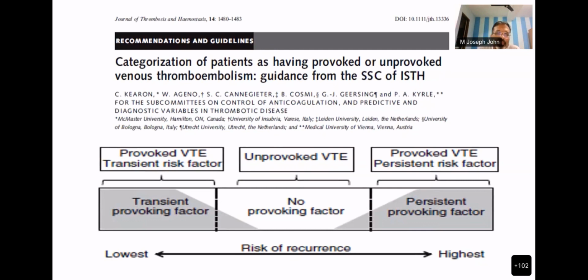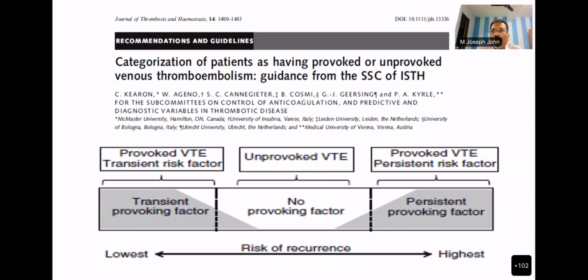If it is provoked, it means there is an obvious visible risk factor you can identify. In the Virchow's triad, we're looking at stasis, we're looking at hypercoagulable state, and we are looking at injury.